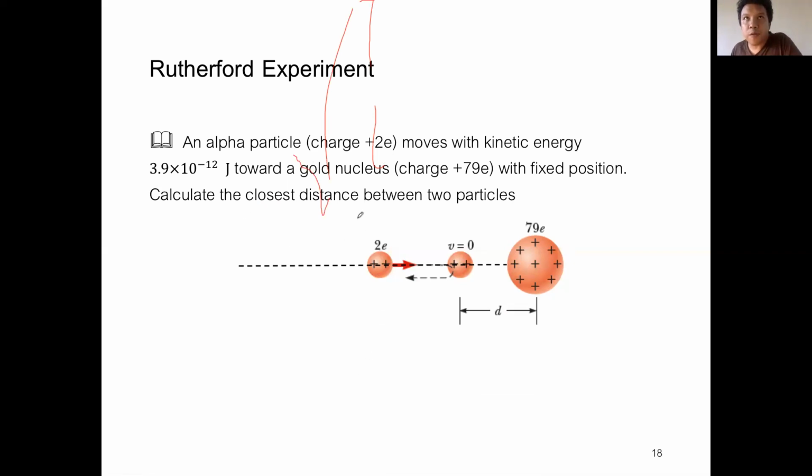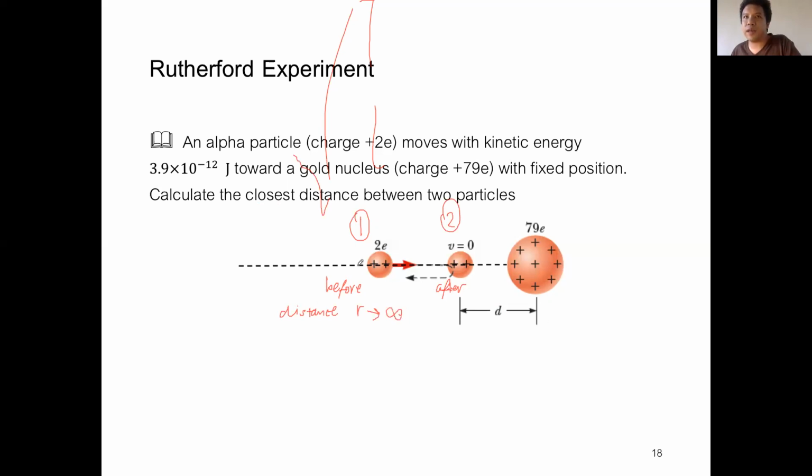So we consider the situation to be 1 and 2, or I would say before and after. Before, I assume that the distance r is approaching infinity.